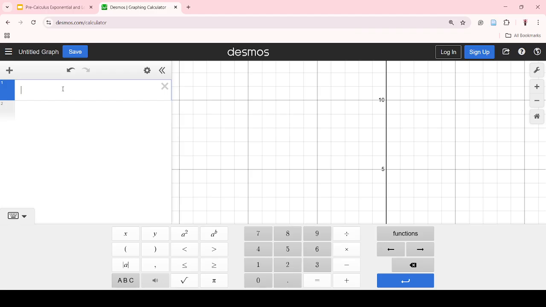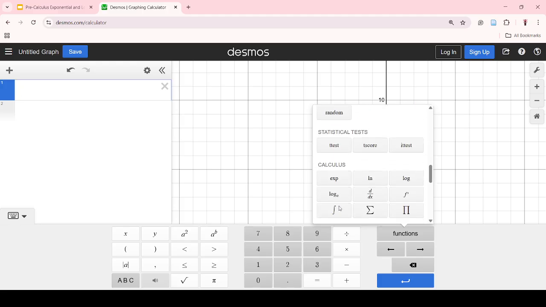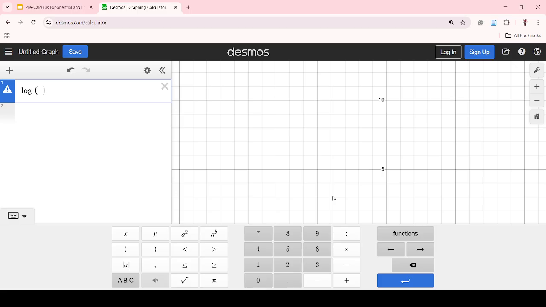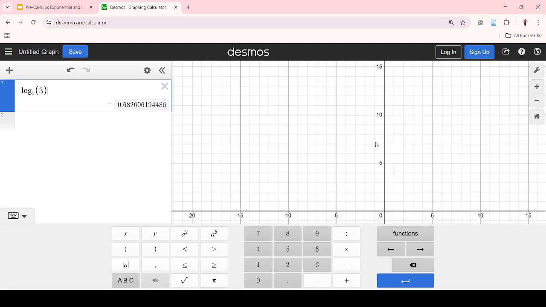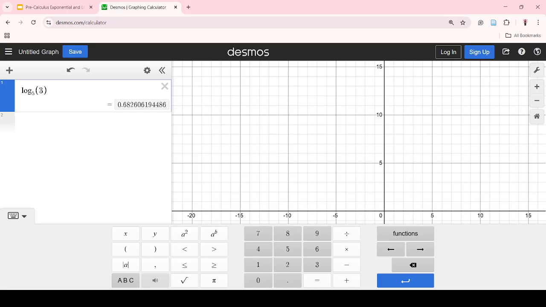An example of a logarithmic function will be right here. Let's do log base 5 of 3. Oh, wait a minute. I did not do the right one. That's why. Log base 5 of x.